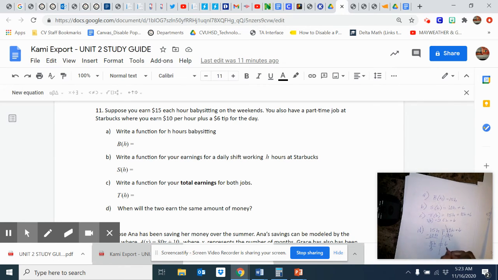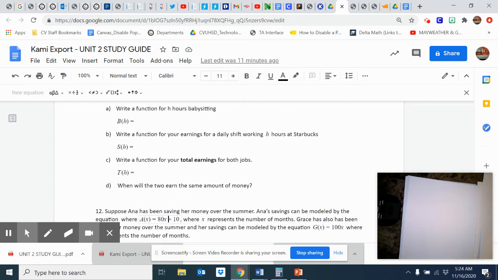And then divide by 5. And then you can change this to a decimal. But everything's going to be pretty much clean on the test. So 1 times 5, 1 point. So it's 1.2 hours when they're going to have the same. Okay. So that's that.